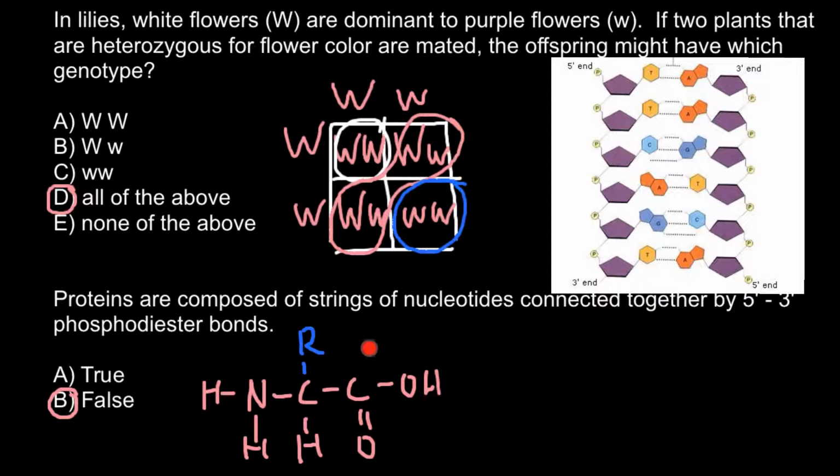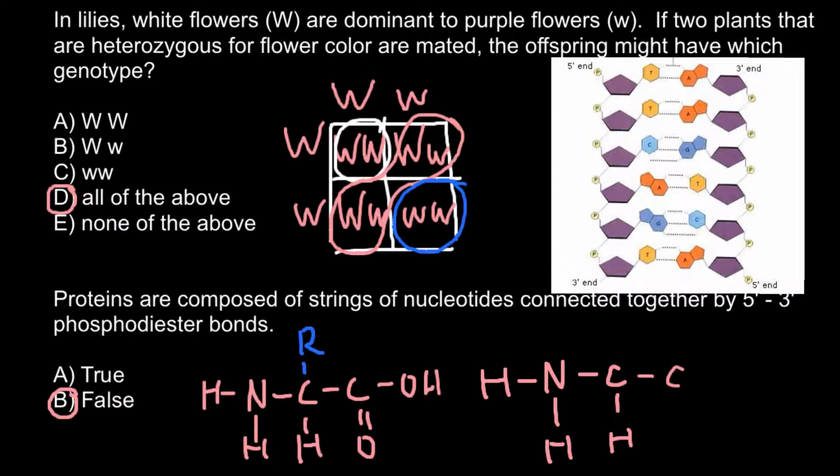Each amino acid has a carboxyl group and an amino group, and the structure of each amino acid would be the same except for the R group that defines which amino acid this is going to be.